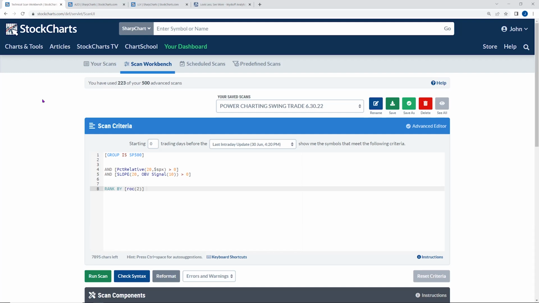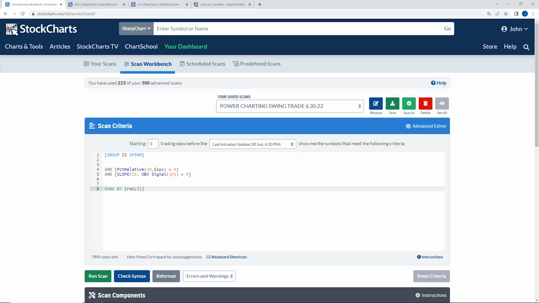But note here, these two characteristics in this very elegantly straightforward scan: it's strength against the S&P, very important, and it's also the ability to show rising volume on an OBV basis in its advances. So it's rising OBV, rising volume on balance. So very useful features of a swing trading candidate. Carry on, John. Thank you.